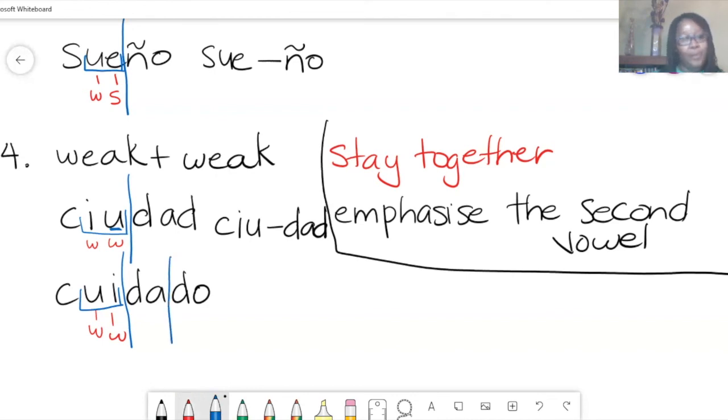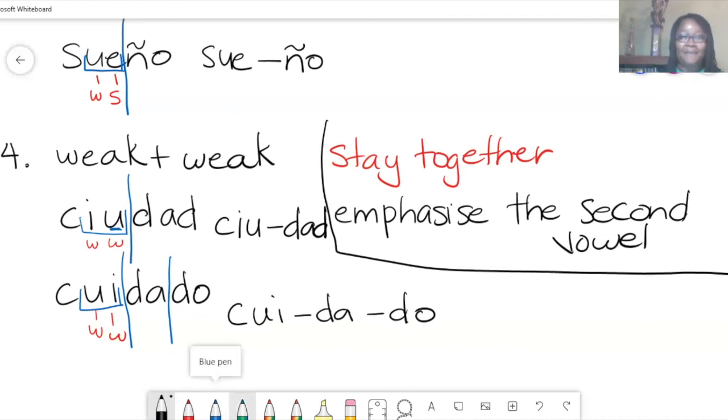But how do we now pronounce this? So we have C-U-I-D-A-D-O. Now again, we go back to the alphabet and the letter C. And what happens with the letter C when it is followed by U?